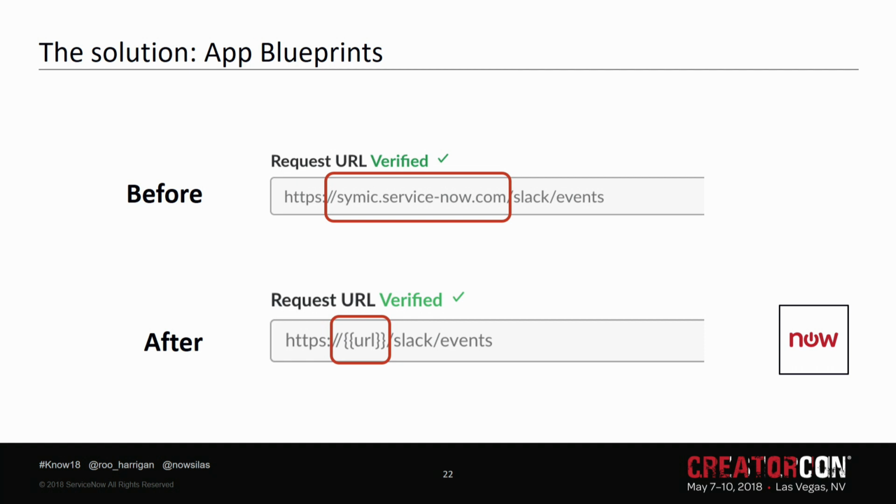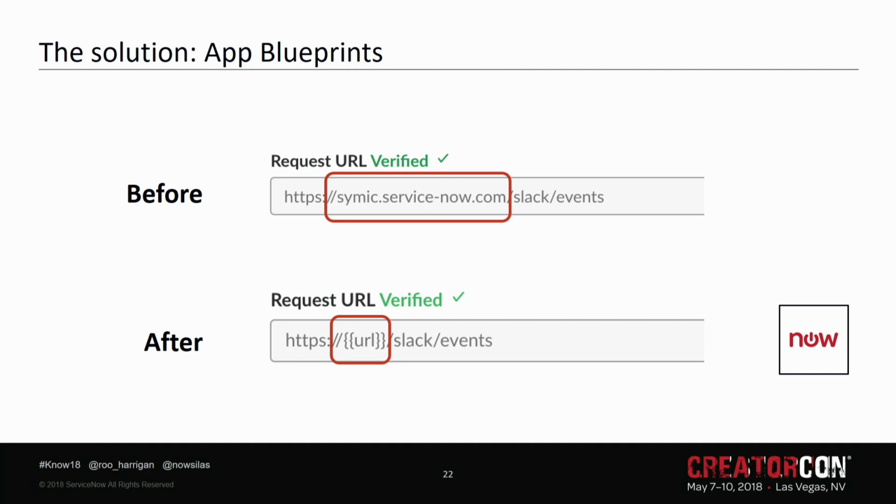Essentially, at the baseline, what this allows is for a unique instance of ServiceNow to be specified at the time of install by the user instead of at the time of development by the third party, in this case, ServiceNow. So that box goes from looking like something like this to something that's supposed to indicate a templatized URL.